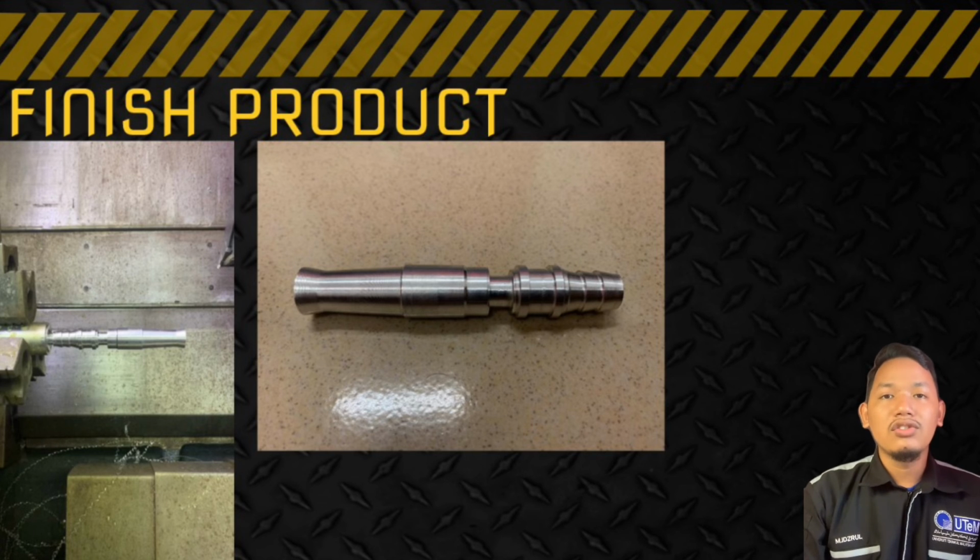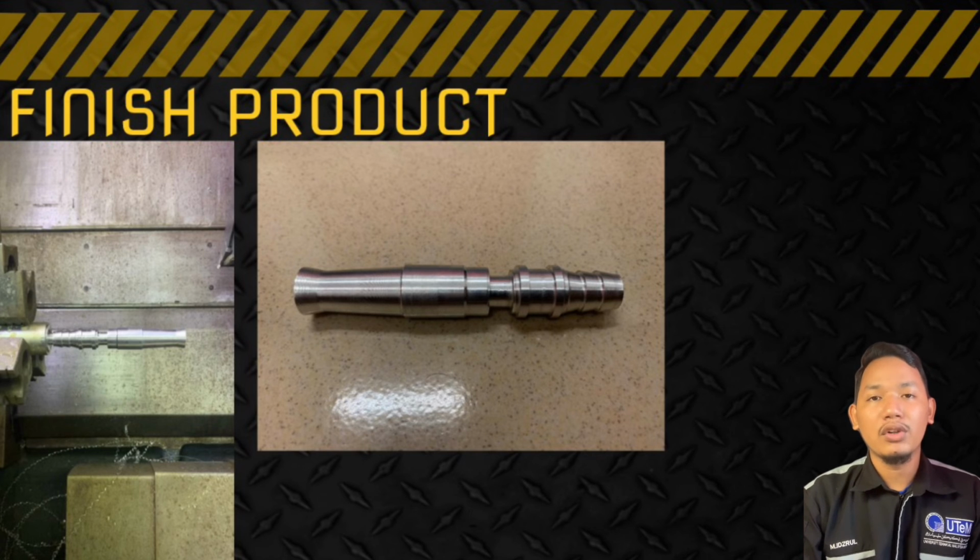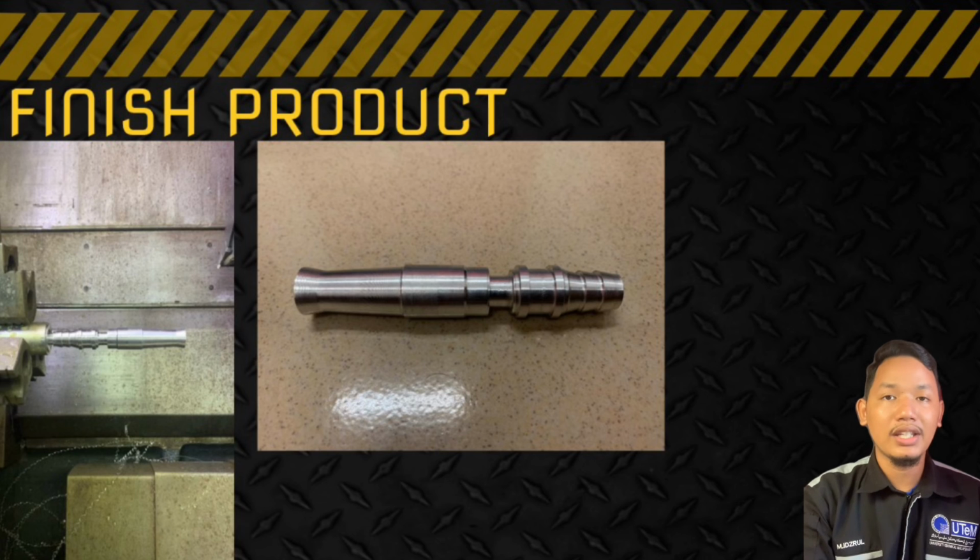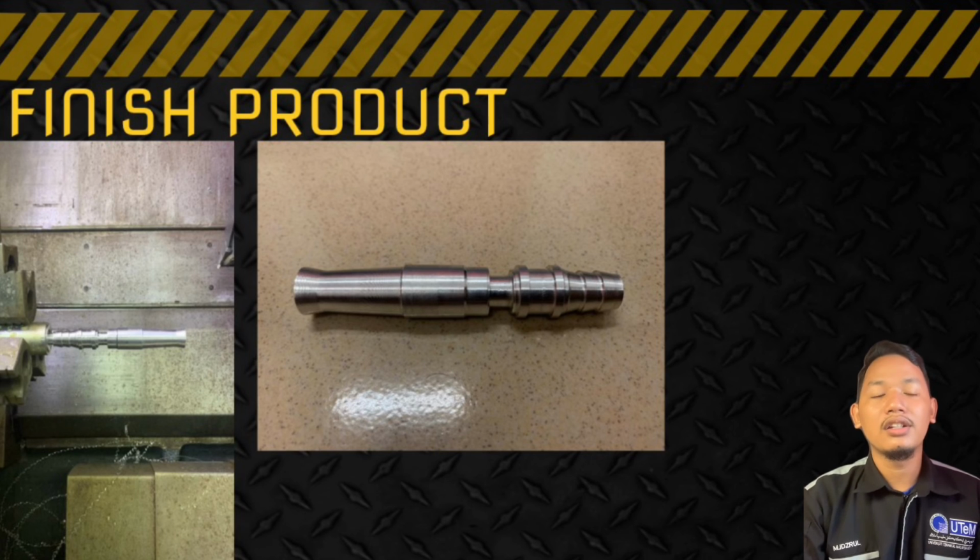After that, we used the taping method to cut between the wanted part of the product and the excess raw material. Then we used a grinder to cut out the excess dimension left from the taping method, and then we used high-grade sandpaper to make the surface smoother.